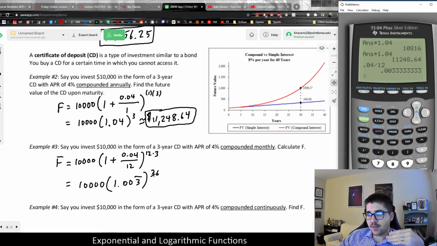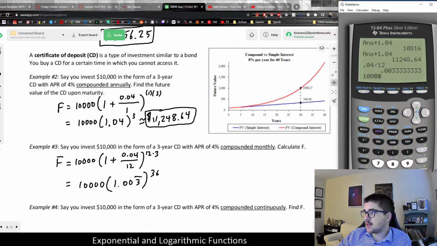So I can kind of think about the exponent as the frequency of how many total times it is, which we often refer to as the number of periods of growth in this account. Again, you don't need to know all these terms. This is all very basic finance. And I think it's really important in general to learn all this, even if it's not covered too extensively in our book in this chapter.